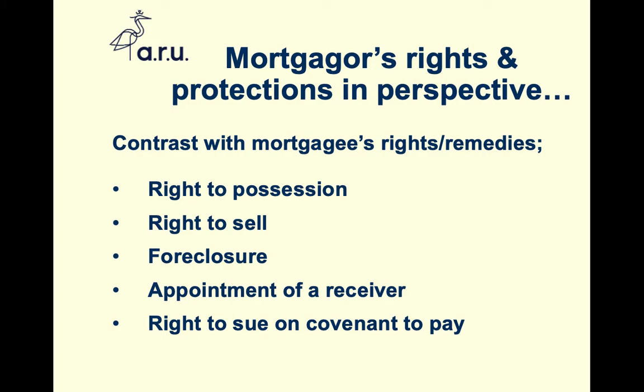So the right to possess for the bank gives the right to the borrower to try and contest or hold off possession. The right to sell can then also lead to the ability for the borrower to request a sale instead.